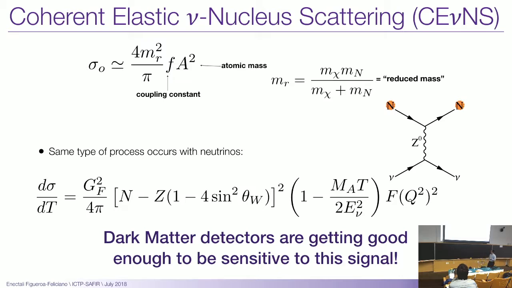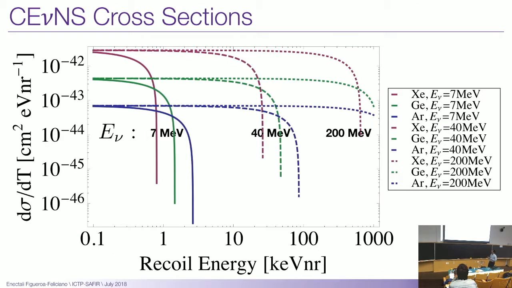So we can look at how much energy you expect from different energies of neutrinos. This is the cross-section for coherent elastic neutrino nucleus scattering, as a function of recoil energy in your target. And this is for xenon, germanium, and argon. The different colors are different targets, but you can see that they're mostly similar.